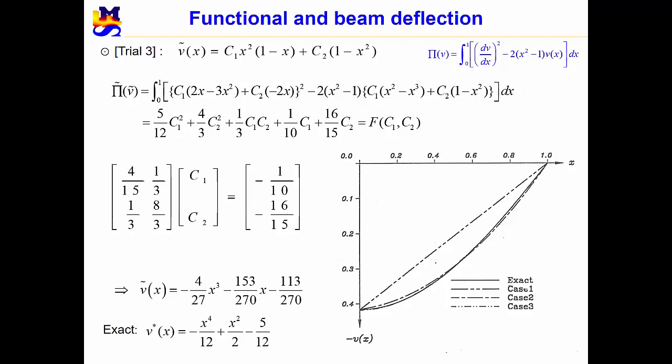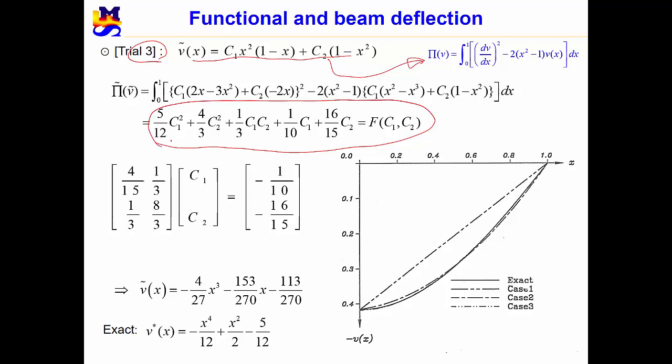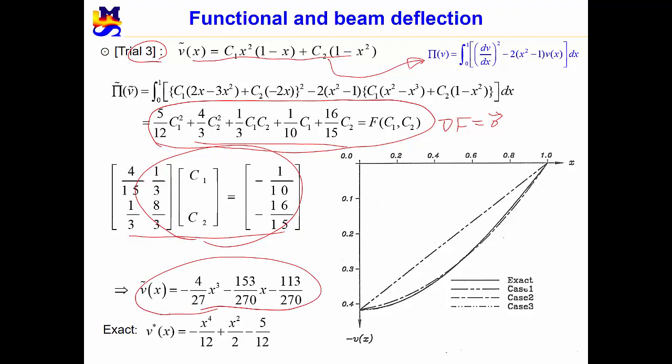Okay, I will show you some details to reach the final goal with trial function 3. Plugging this trial function to the functional, we can get a two-dimensional function like this. From the necessary condition for this function to be extremum, a set of these two linear equations is obtained, and we can find the final approximate solution as stated here.